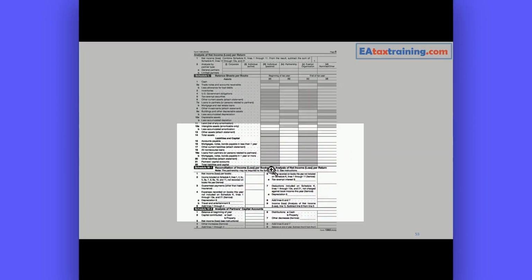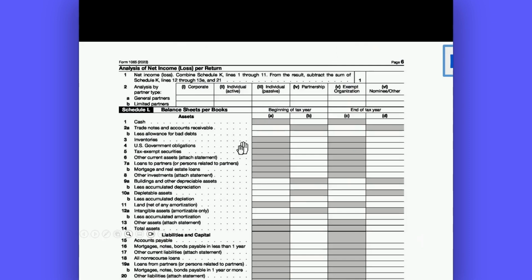Then the last part of Schedule K is on top of Schedule L. So we're going to talk about Schedule L, which is the balance sheet. We'll talk about that later. But here we're talking about this part up here. This is the end part of Schedule K. So this is the analysis of net income or loss per the return. And so this is going to show by each partner type the share of the income or loss from Schedule K. So that's what this is.